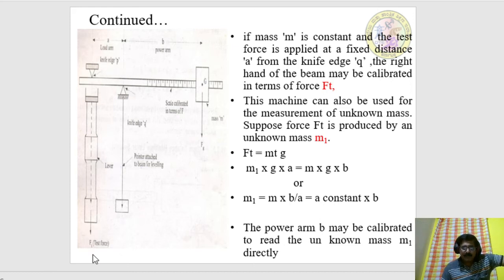Suppose the test force Ft is produced by an unknown mass m1, then Ft is equal to m1 into g, and simplifying, m1 into g into A is equal to m into g into B, or I can write m1 is equal to m into B by A, that is equal to a constant into B from the earlier equation. The power arm B, this is the B, can be calibrated to read the unknown mass m1 directly.